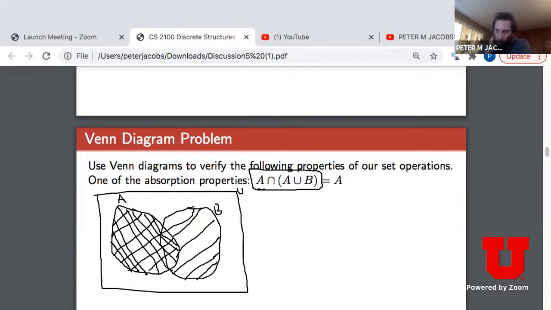I wouldn't call this exactly a formal proof, but it was what we were asked to do. It says to make a Venn diagram to show that A intersection A union B is A, and we did that because we shaded in A union B, we shaded in A, and then we intersected the two, and that happens to be A. Are there any questions or concerns about this problem?